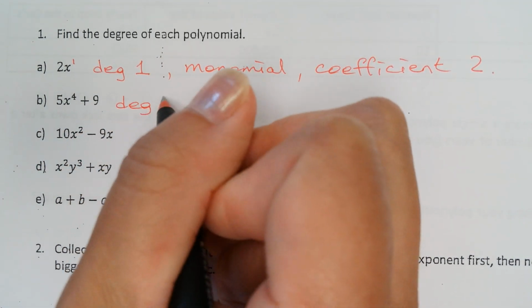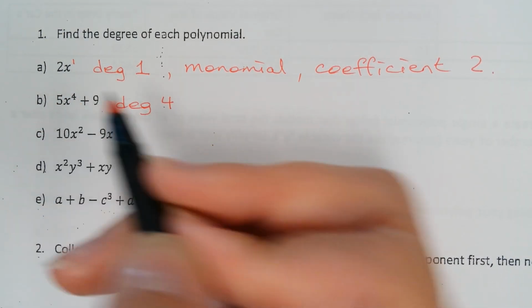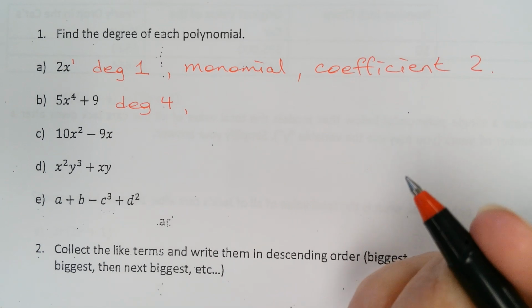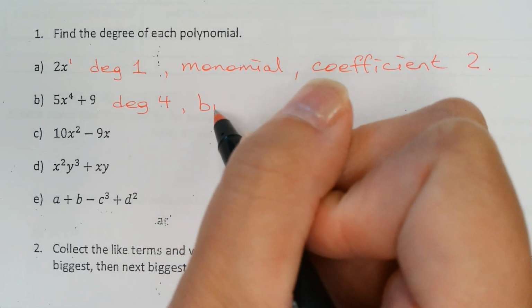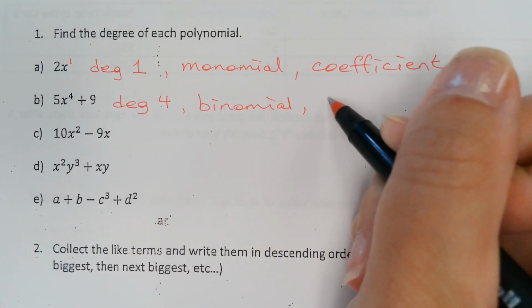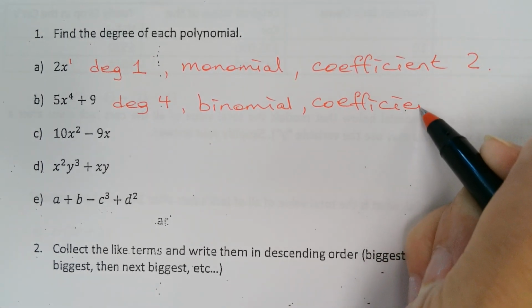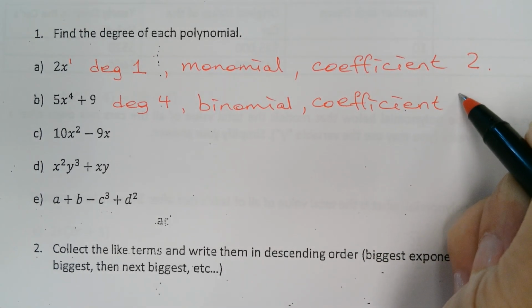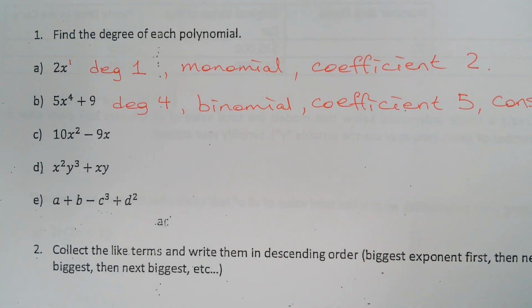Right. Degree 4 because that's the exponent on the variable. How many terms do I have? 2 terms. So it's called a binomial. Good. What is my coefficient? 5. What is my constant? 9. Good.